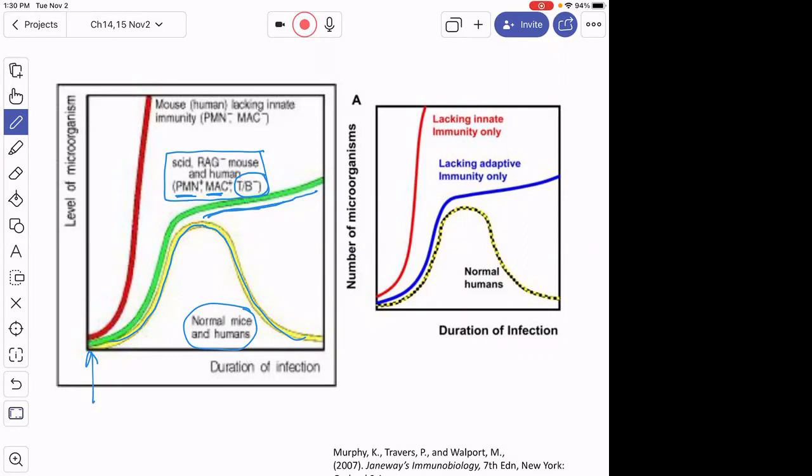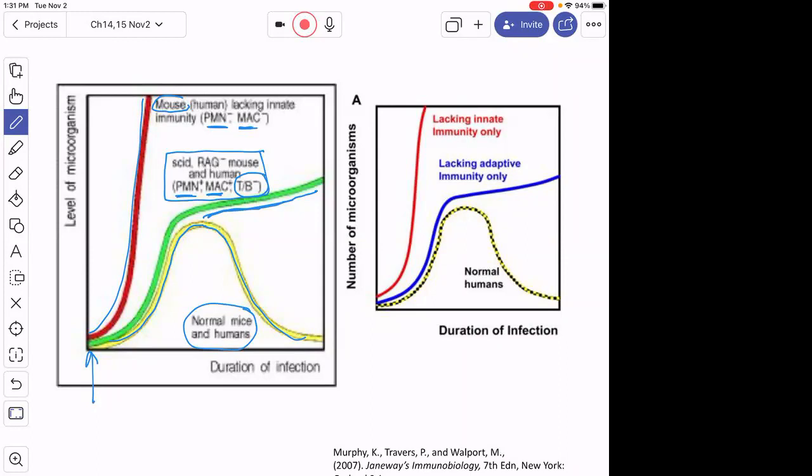Okay, so ideally you're going to have both adaptive and innate immune cells. But up here, the red line, these are mouse that are lacking innate immunity. So they don't have neutrophils, are not able to make macrophages. Basically, unbridled reproduction of that pathogen. It turns out that you need those innate cells in order to kick in your adaptive immunity.